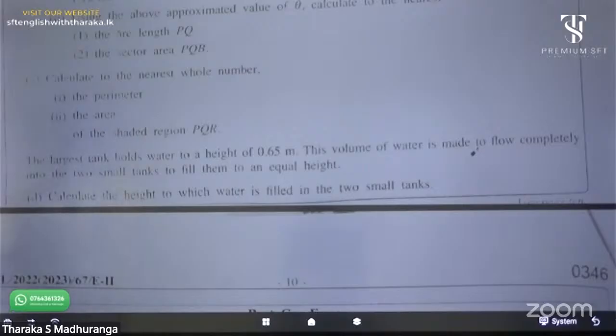The largest tank holds water to a height of 0.05 meter. This volume of water is made to flow completely into the two small tanks to fill them to an equal height. Calculate the height to which water is filled in the two small tanks.